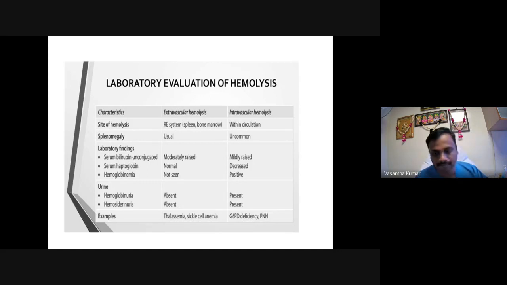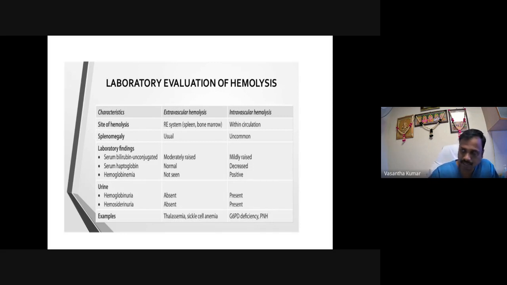For intravascular, it is PNH and G6PD. So how do they differ? What happens in intravascular hemolysis? If there is hemolysis, the patients will present with anemia, and eventually the patients will also have jaundice due to increase in unconjugated bilirubin. Remember, the jaundice in hemolytic anemia is not due to conjugated bilirubin.